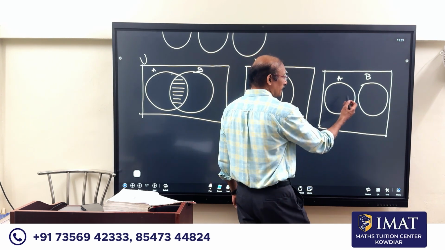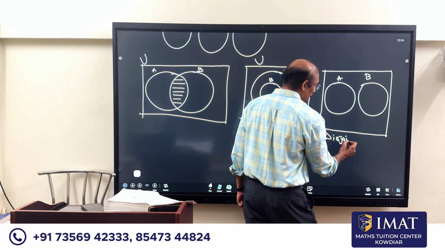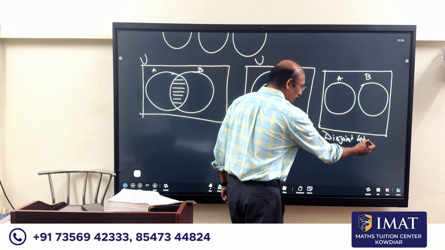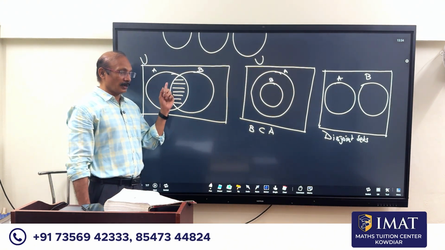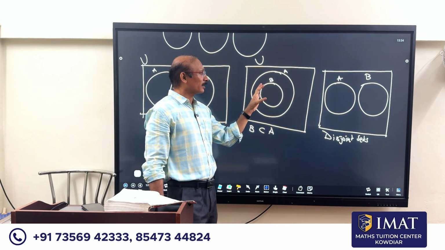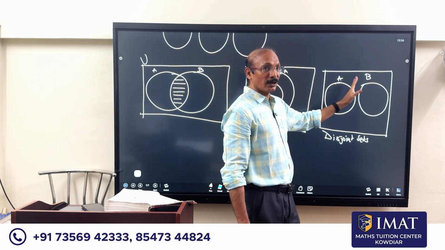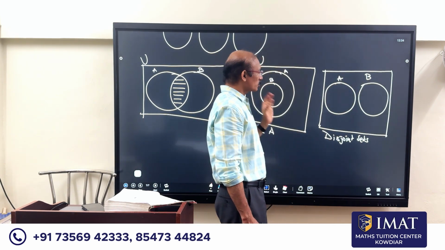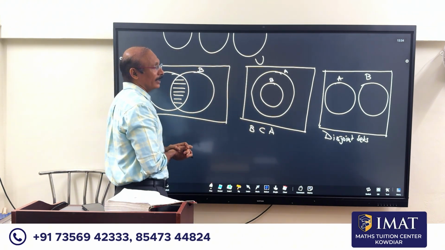Such sets are called disjoint sets. This is an example where there are some elements common to A and B. In this case, the set B is completely contained in set A. In this case, they have no connection, or in other words, we say the two sets are disjoint. So this representation, or this diagram, is called Venn diagram.